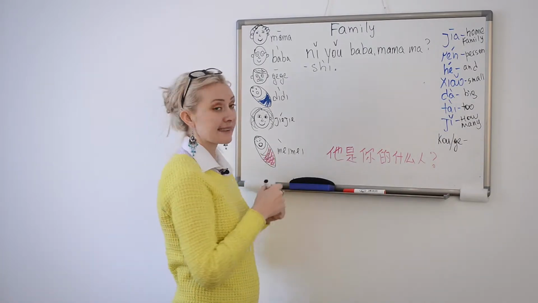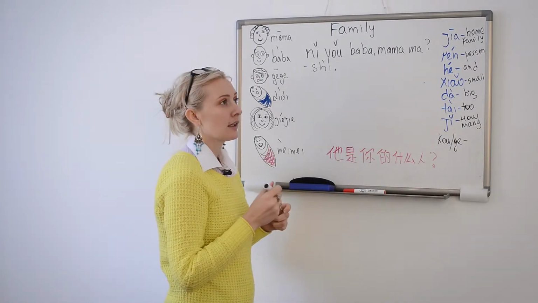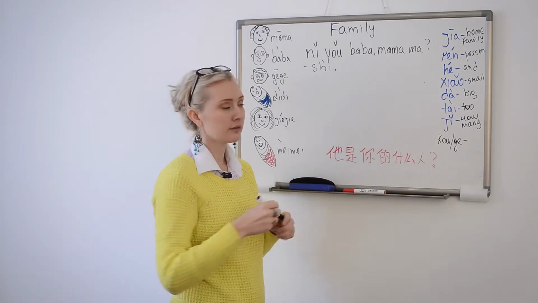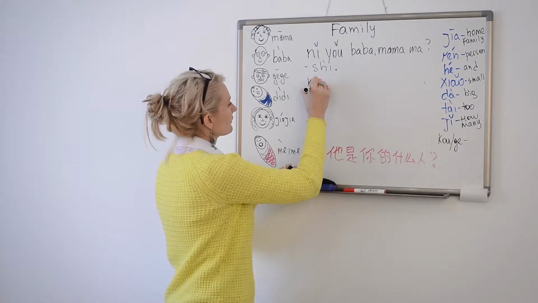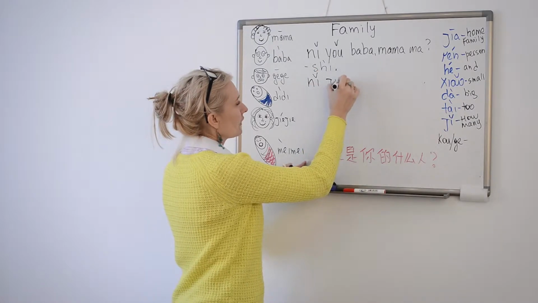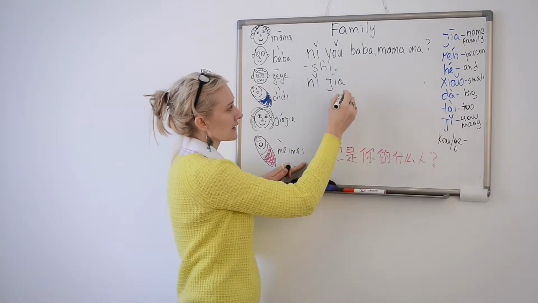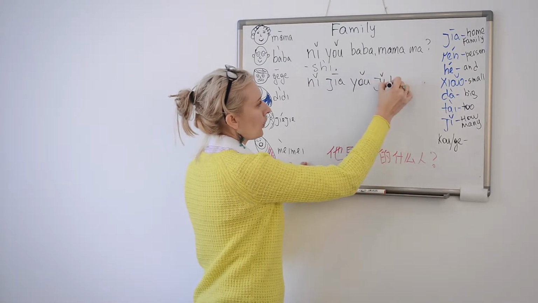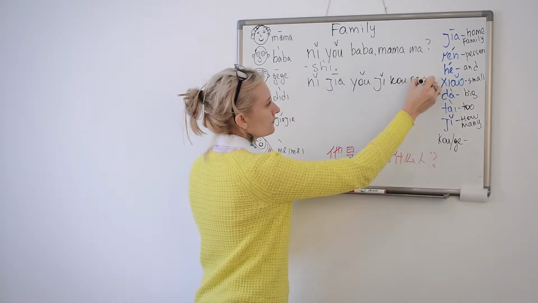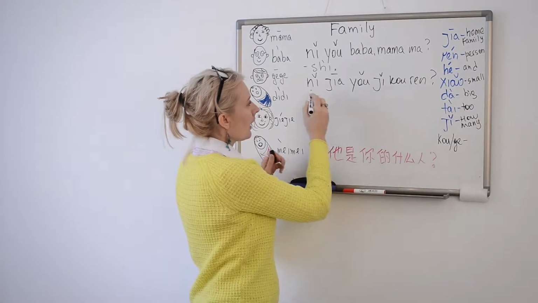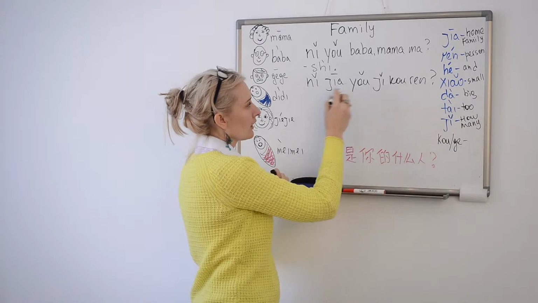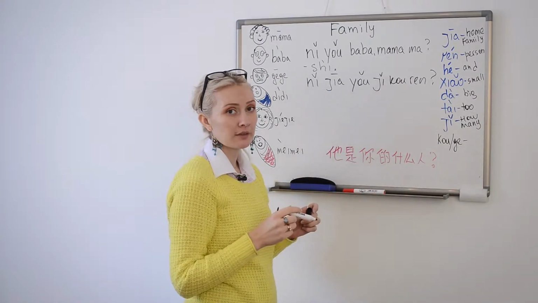You will use 家. 你家有几口人? 你家, your family, your house, 有, have, 几口人? How many people are in your family?